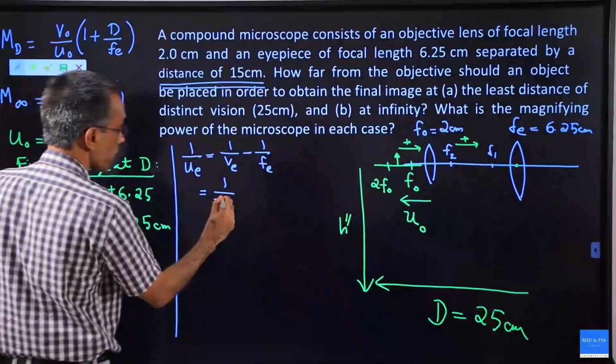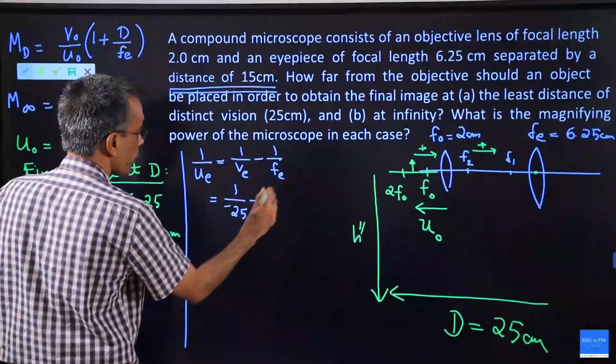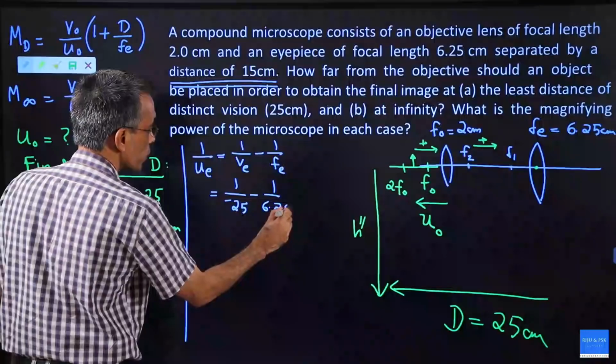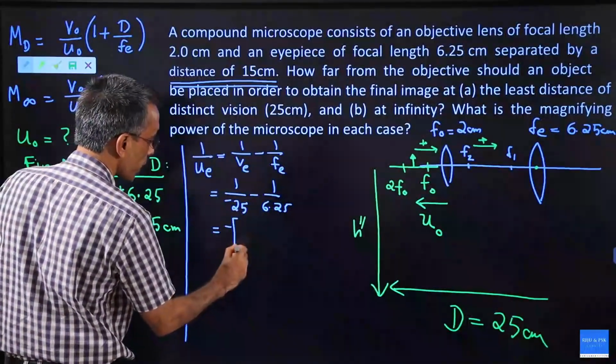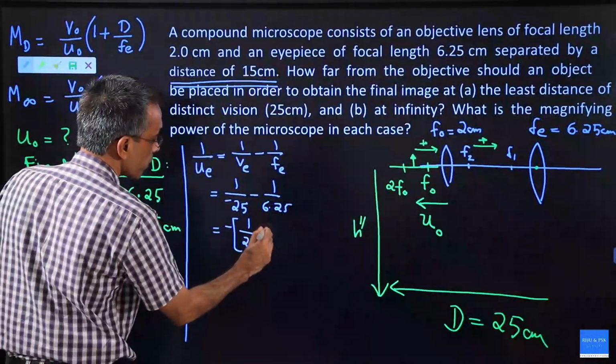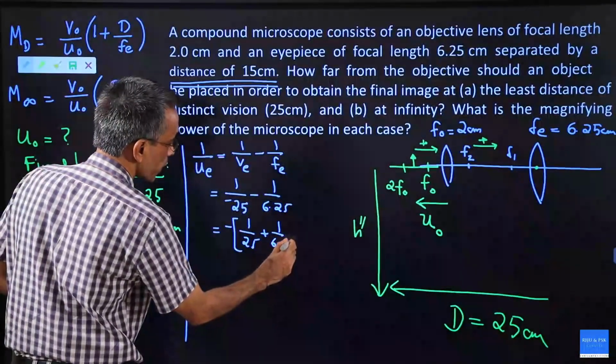V of the eye lens is minus 25 with sign convention, minus 1 by 6.25. This gives you a common negative sign: minus bracket, 1 by 25 plus 1 by 6.25.